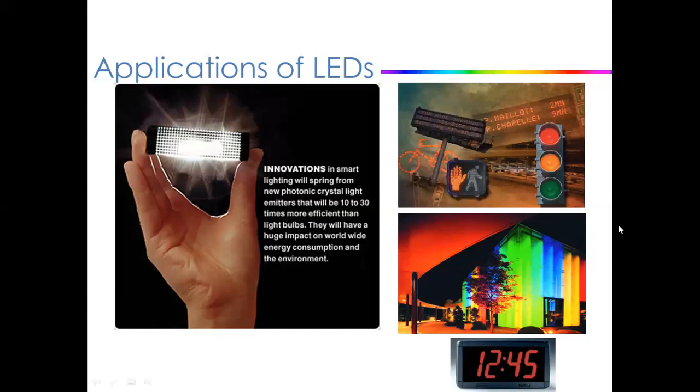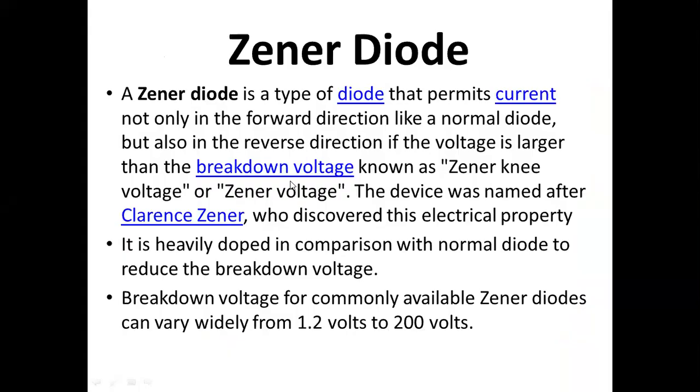Next we'll go for the last topic of the 5th unit, that is called Zener diode. Actually, Clarence Zener discovered this type of diode for regulation and all the things. So the name came Zener, and the diode is there.